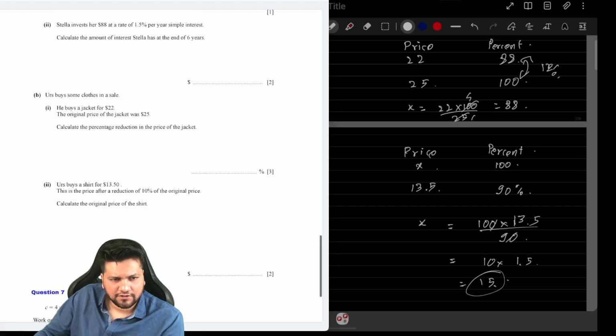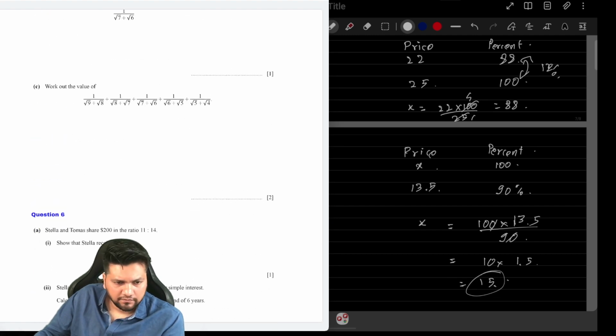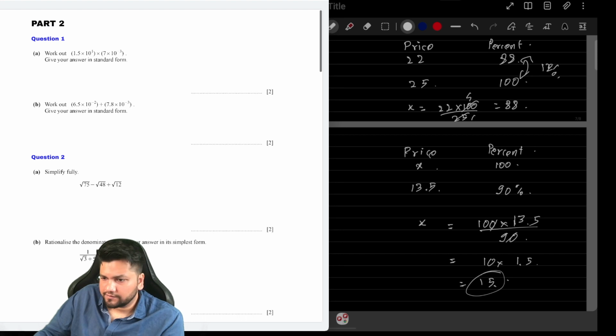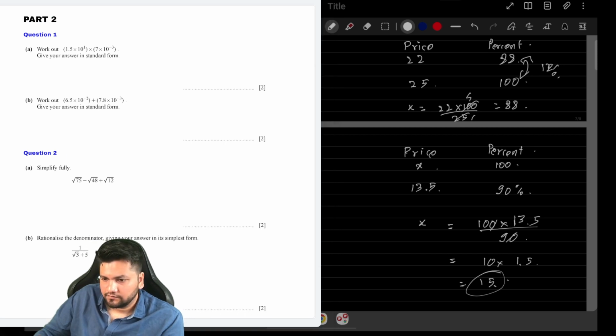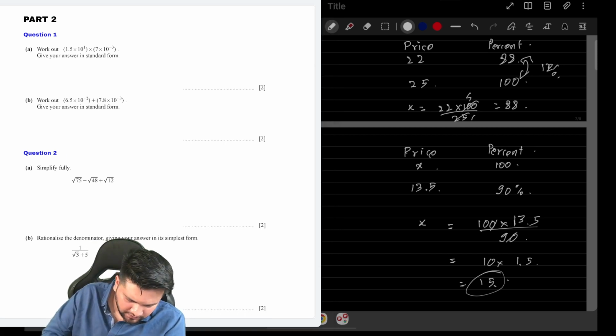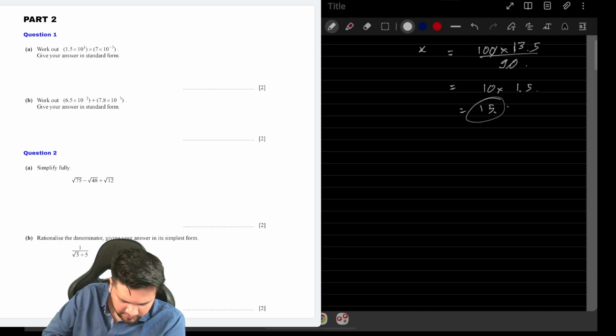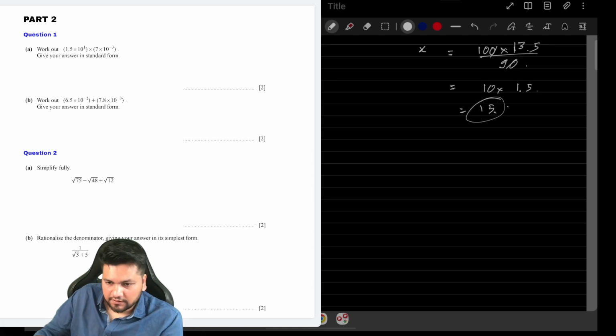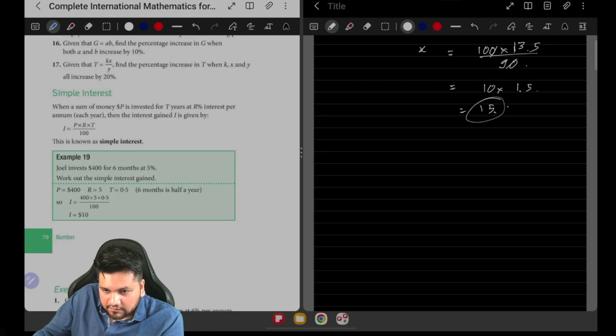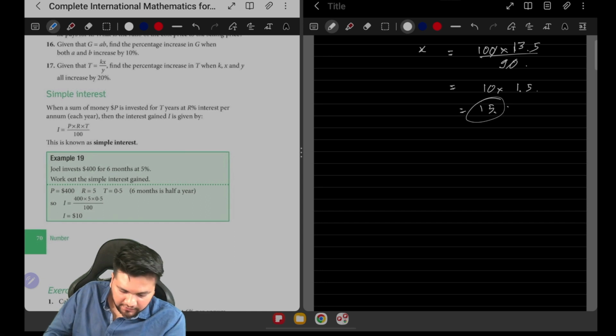These are all worksheets which are on the website, so obviously you can try it from there. Then we have something called simple interest, and I think compound interest later on. Simple interest is quite literally simple. Here, if I take simple interest, I'll compare it with compound interest to have an idea.